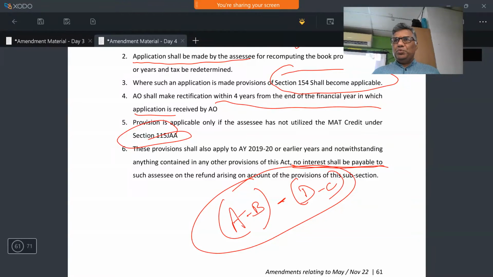D, MAT of the past year to which the adjustment pertains, by including the past income.